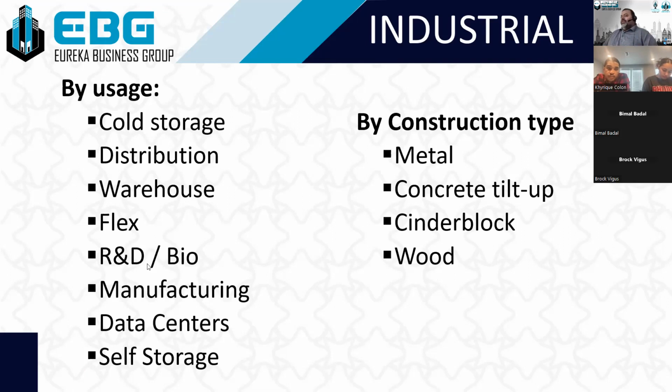The next one is R&D or bio. Those are usually the same kind of building as distribution. They'll be 10 to 20,000 square foot. But what makes them different is they need different facilities.